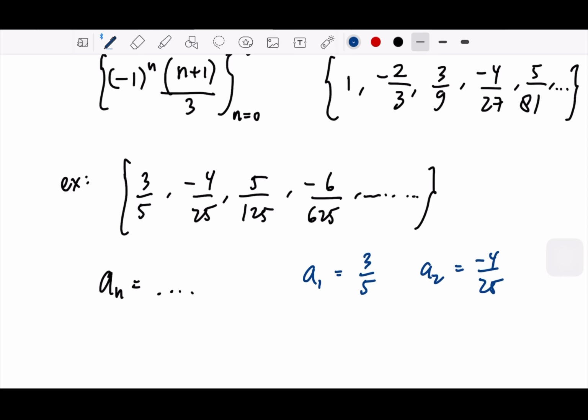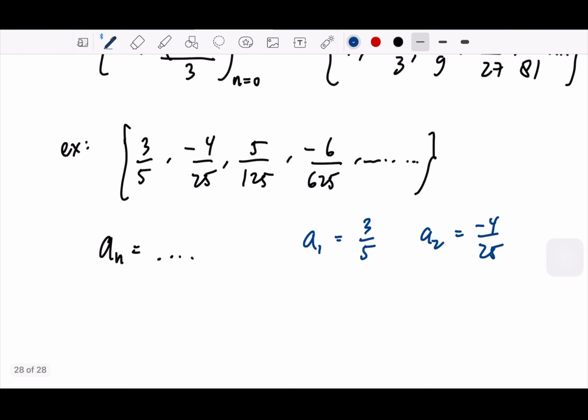And because we know that there is an alternating sequence from positive, negative, positive, negative, maybe we need to start with -1 with power of something. Let's say we can have n minus 1, or maybe -1 with n plus 1. Because this -1 is just to make sure that it starts with negative or positive.